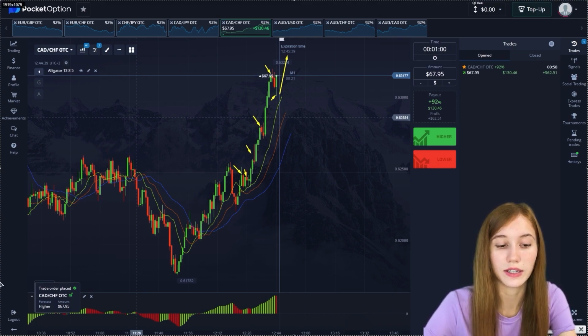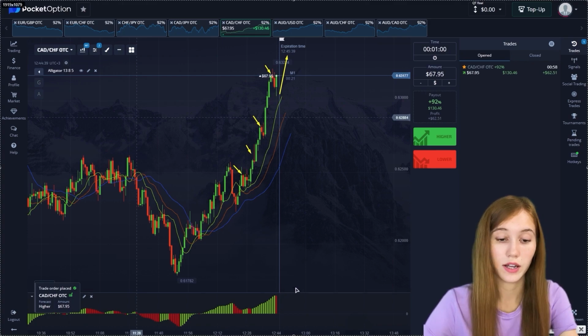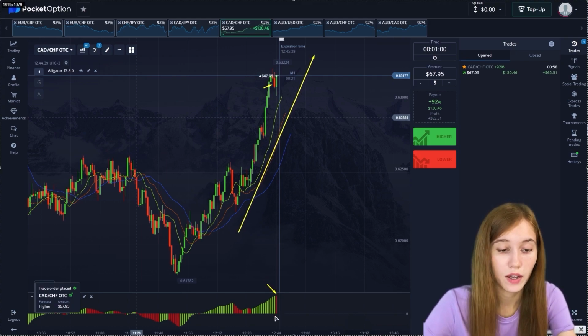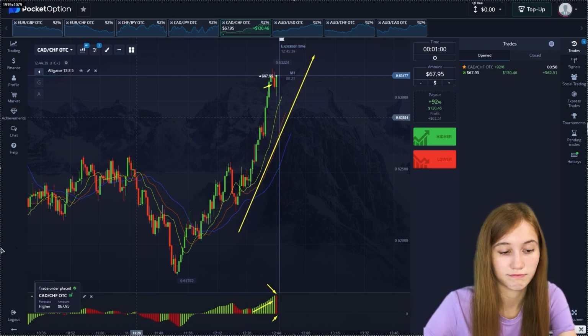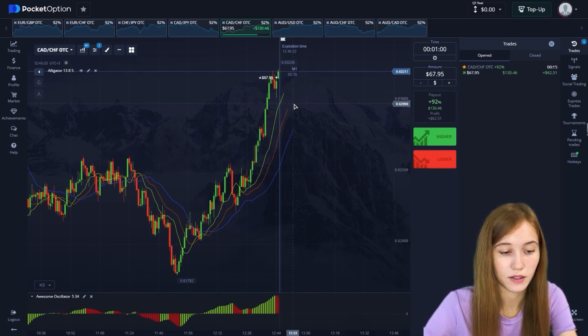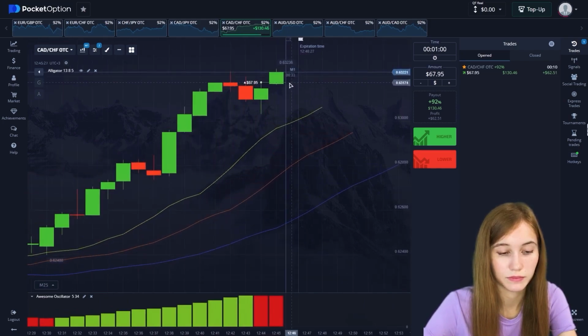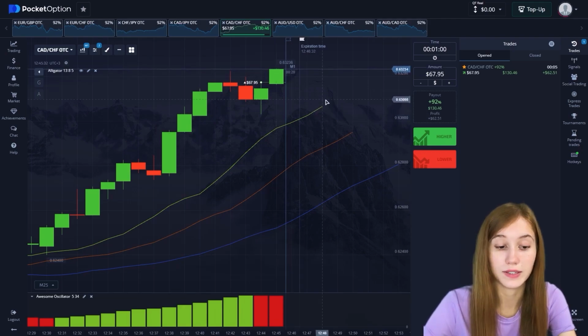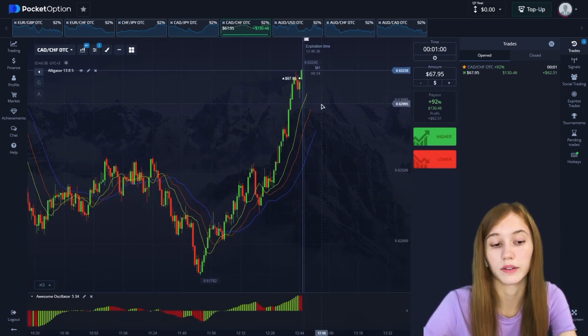Further, according to the oscillator, we have so far formed a red bar. This was formed thanks to 2 red bars on the chart itself, and I think everything will be restored and the green bar will form. Let's take a look. 12 seconds until the end of closing, we see stable growth, at least above the opening point.